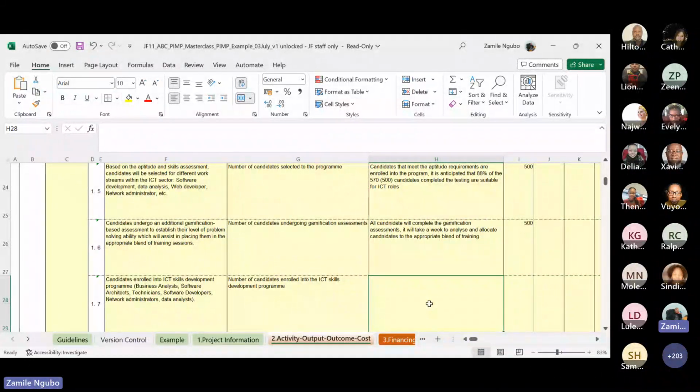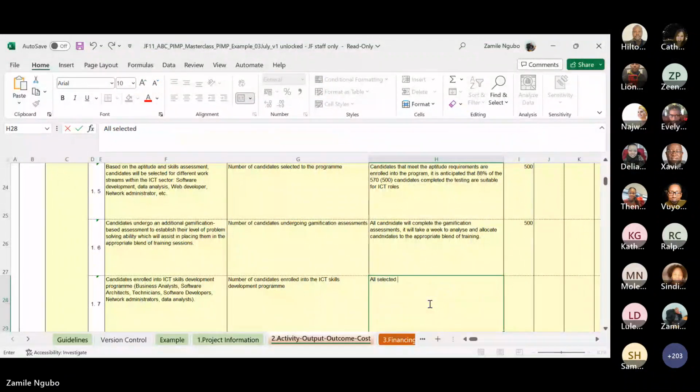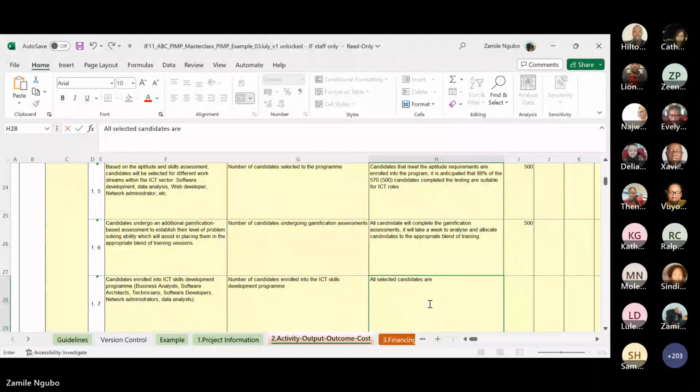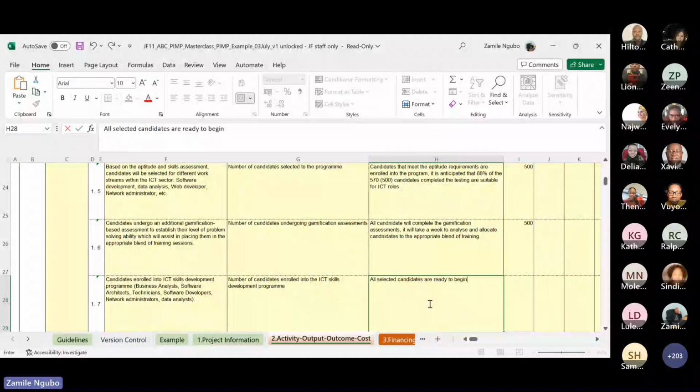So the assumption is that all selected candidates are ready to begin the program, period 2 of the project implementation. So it's 500. So the final number here is 500.